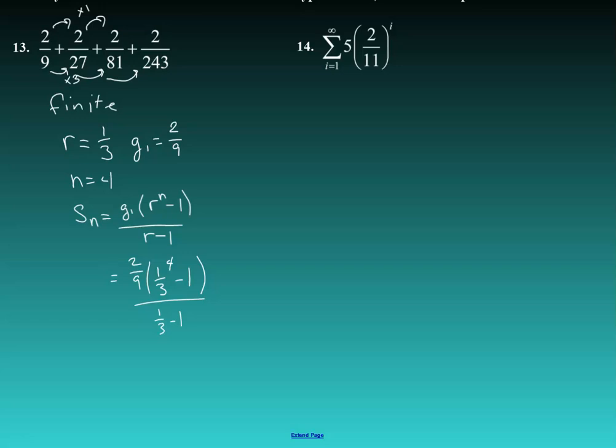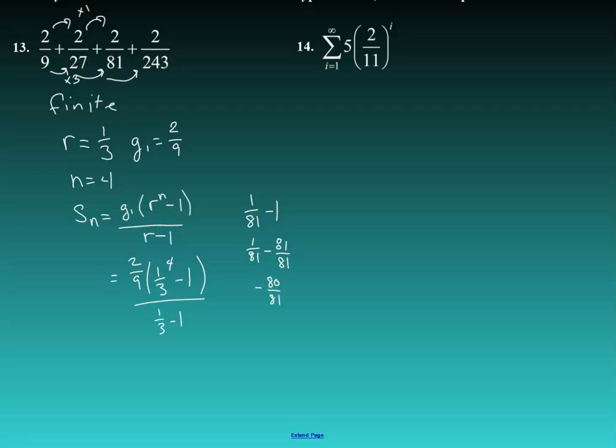So 1/3 to the 4th is 1 over 81. So really we have 1 over 81 minus 81 over 81, which is going to be negative 80 over 81.